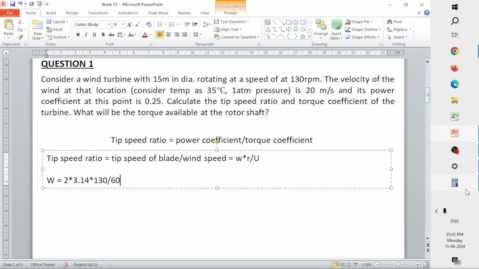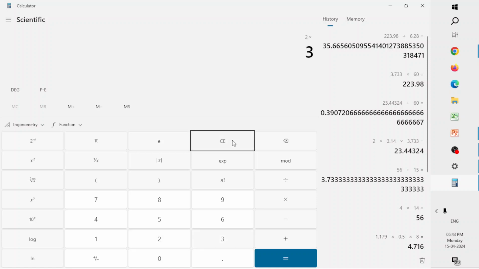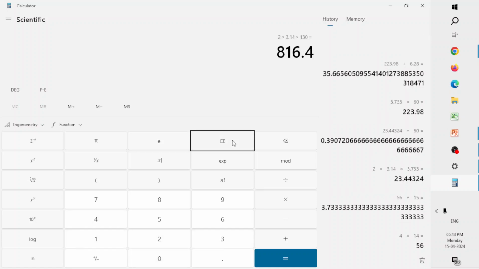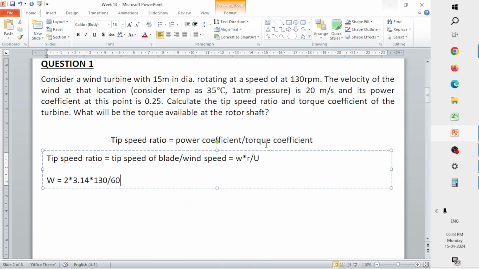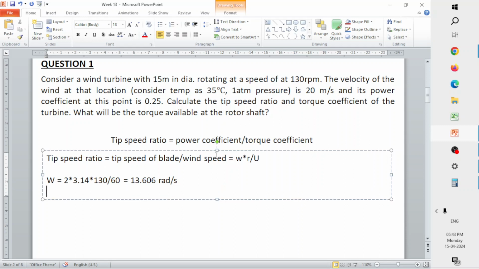If you calculate this, omega is 13.606 radians per second. So now you have the value of omega.